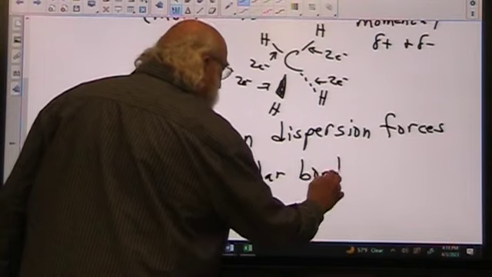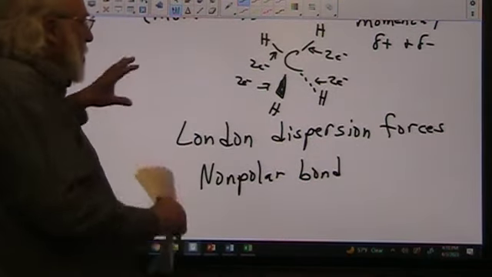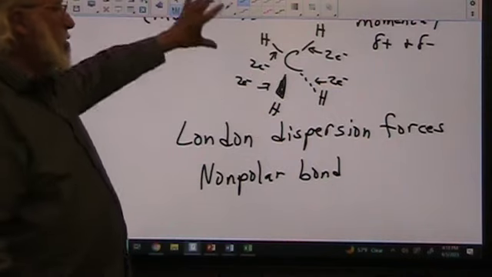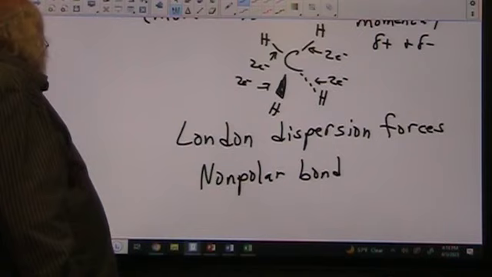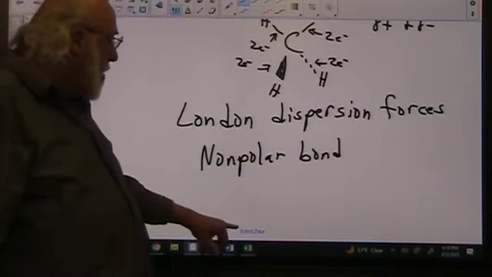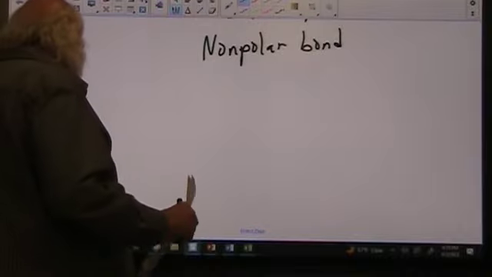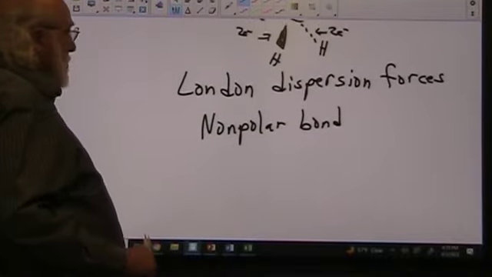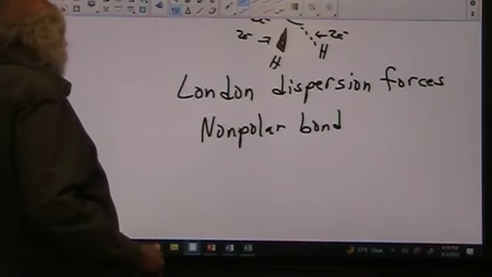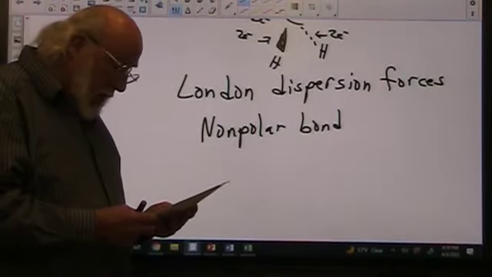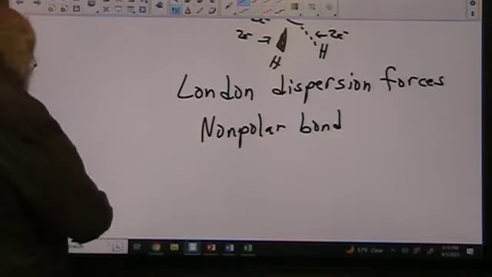Now, there is a term that encompasses both these London dispersion forces and the dipole-dipole forces, which are weaker than the hydrogen forces, and sometimes it gets confused with London dispersion forces. The name for that is van der Waals forces.